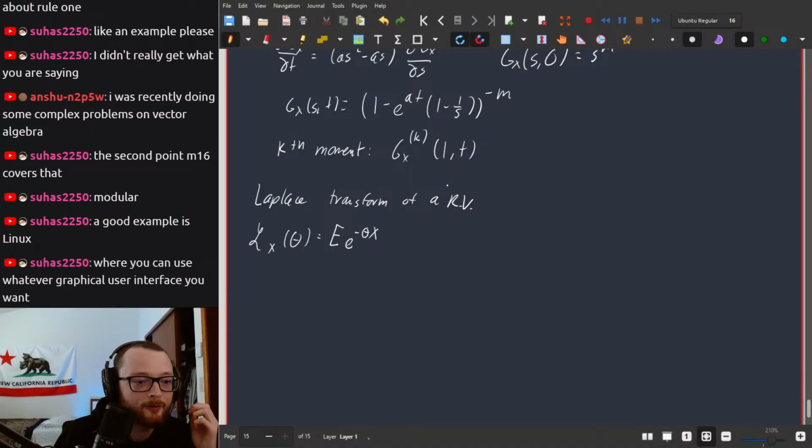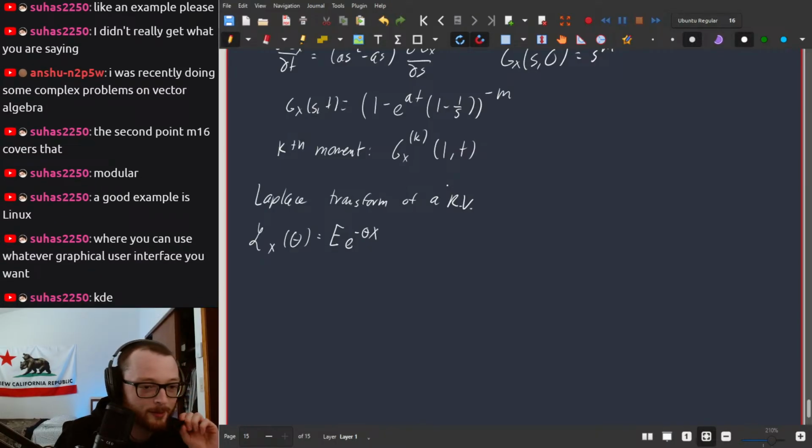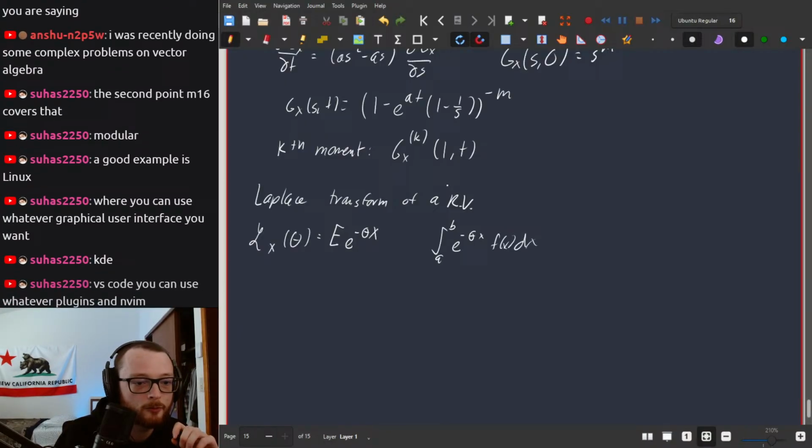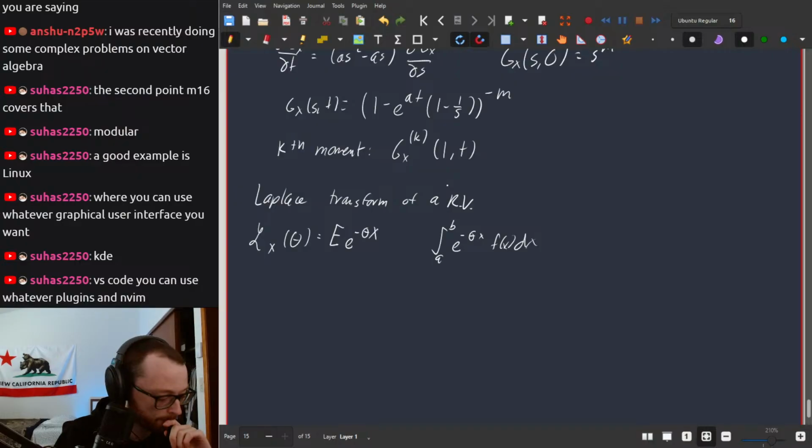And so if X is continuous, depending on its domain, you get something that looks a lot like just the regular Laplace transform. If X is discrete, you get a finite sum. But I thought it was really cool to see there's a probability version of the Laplace transform, and it's nearly the same thing.